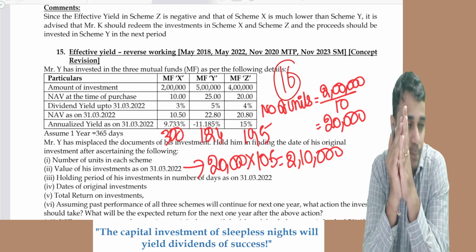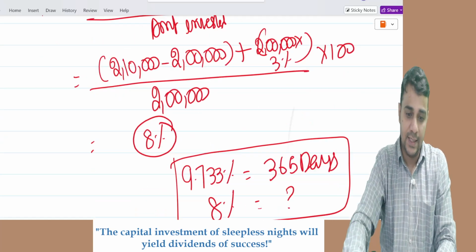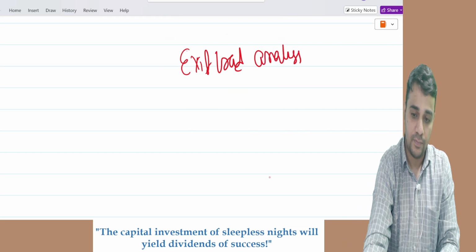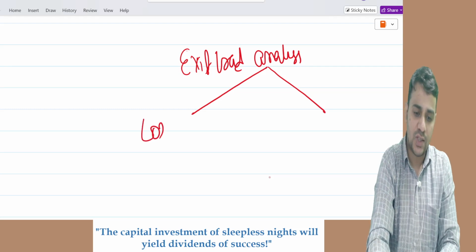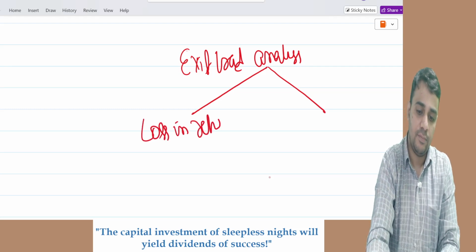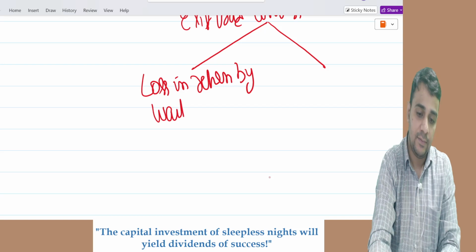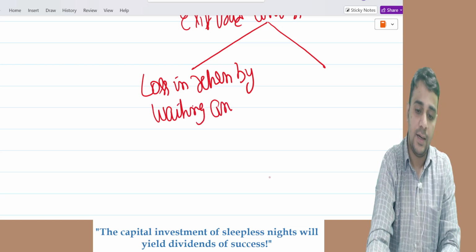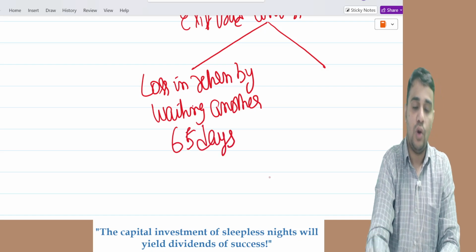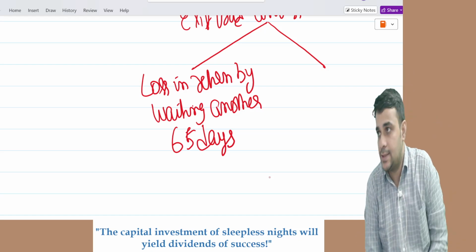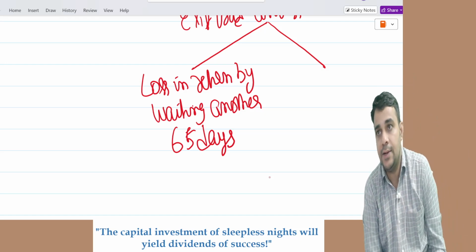Now write the exit load analysis. Loss in return by waiting another 65 days.